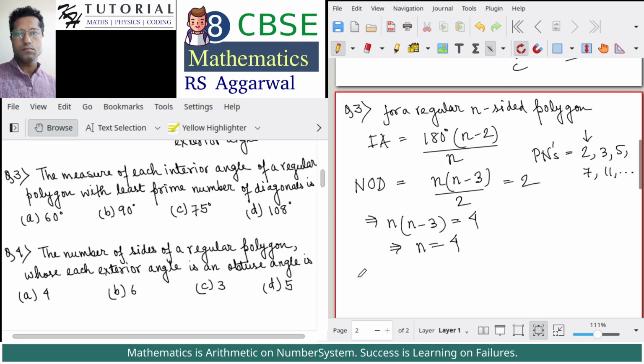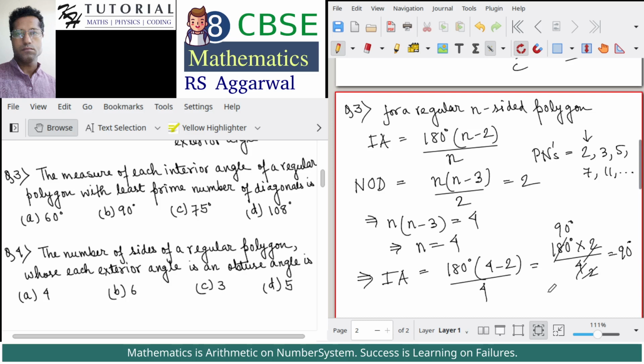So now we can easily find the interior angle. Interior angle will be 180 degrees, n is 4, so 4 minus 2 divided by 4. So 180 degrees multiplied by 2 divided by 4 is 90 degrees.